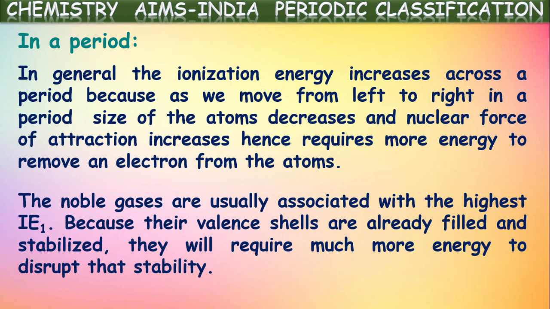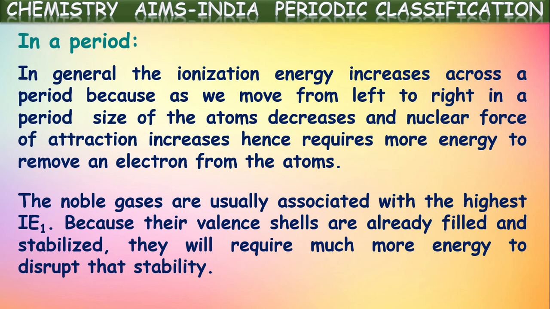The noble gases are usually associated with the highest ionization energy. Yes, because these elements have a completely filled outermost shell and they are stabilized. They will require much more energy to disrupt the stability.